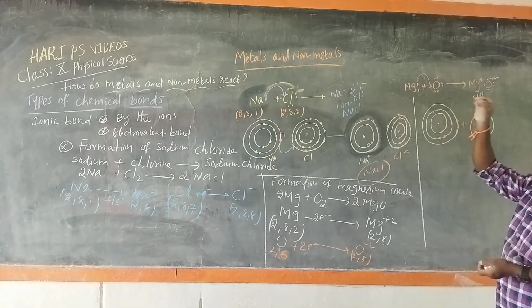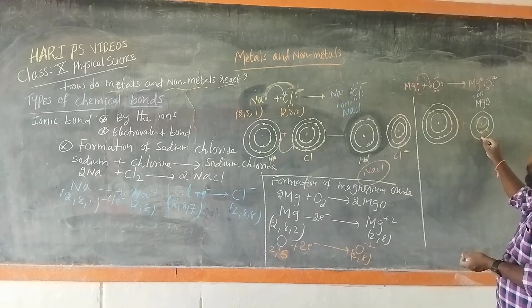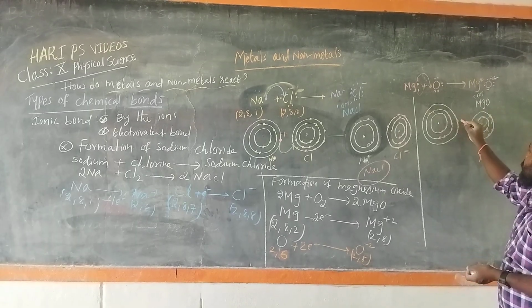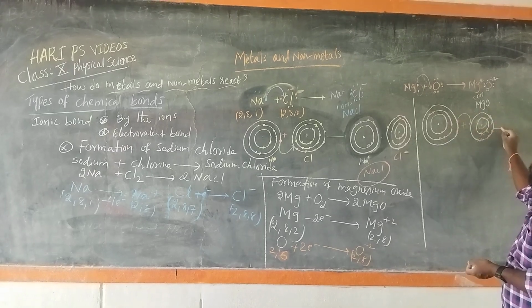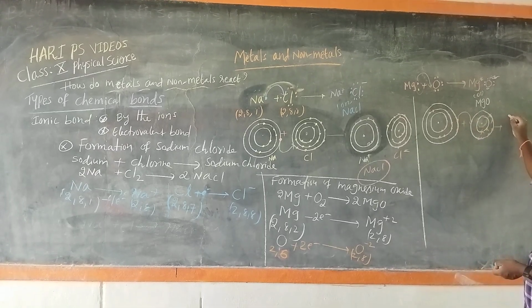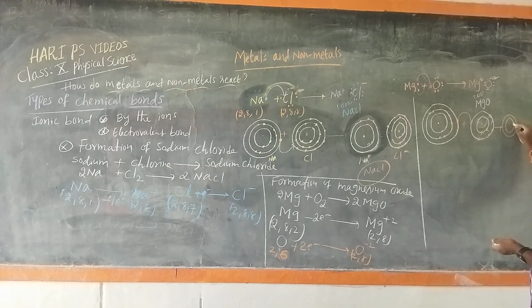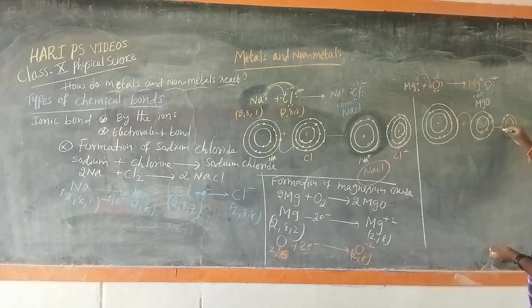You can represent them with dots or crosses, 1, 2, 3, 4, 5, 6. These 2 electrons are transferred here, and it forms 2 only. 4, 5, 6, 7, 8.